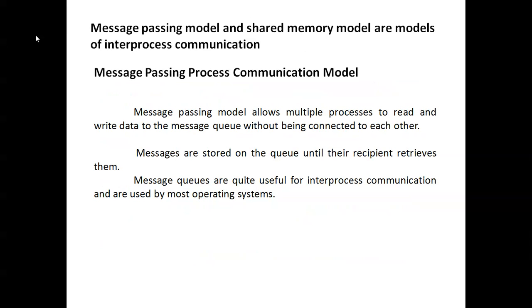The next topic: message passing model and shared memory model of inter-process communication. So what is the message passing model? It allows multiple processes to read and write messages using a queue without being connected to each other.